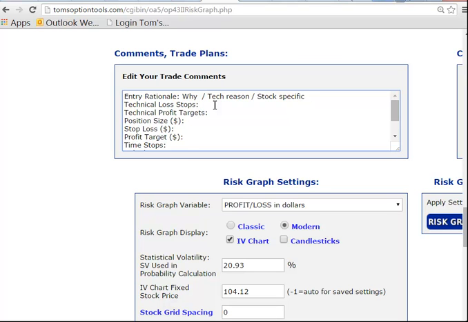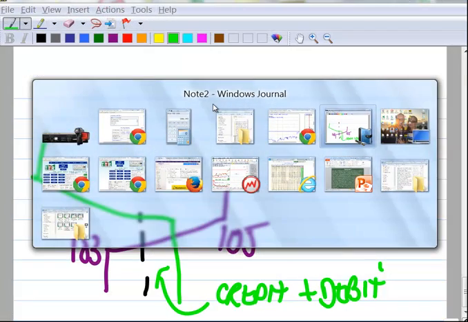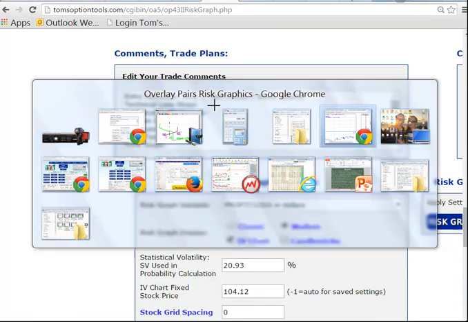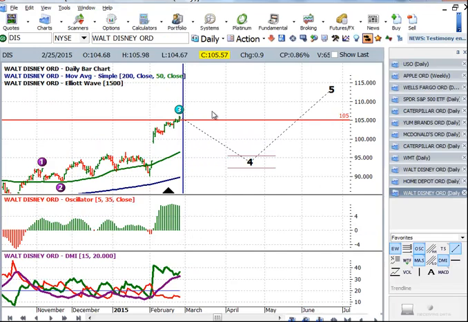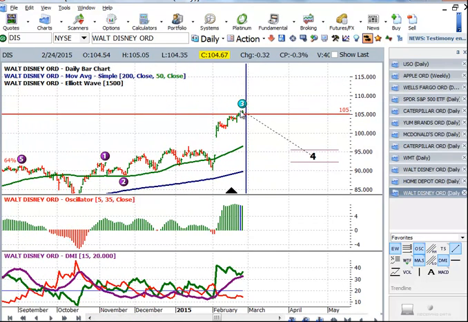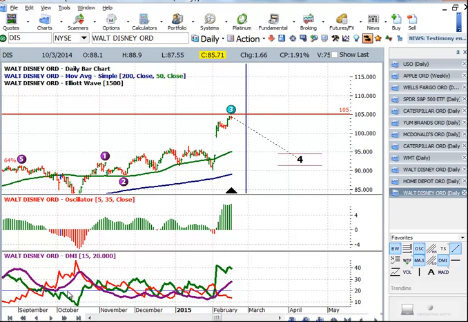Deciding on a technical loss, you need to decide when you're wrong. So if you believe, in this case, Disney is moving higher, as the conversation was on this particular example. Let's see if I can pull up the risk graph here, or the chart. If I believe that we're expecting the stock to move higher, when do you decide that you're wrong?